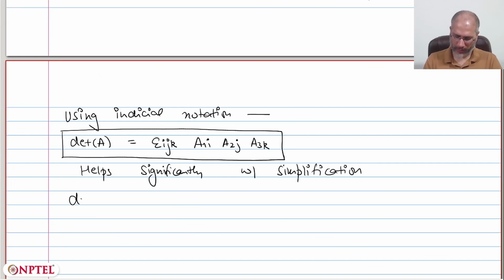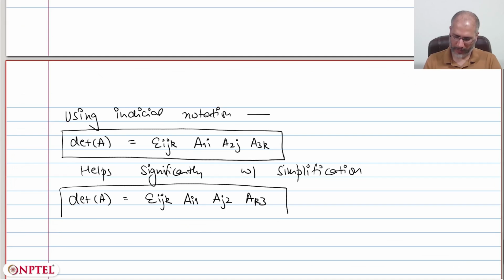So we can also write the determinant of A as epsilon ijk Ai1 Aj2 Ak3. So you can use any form you want to evaluate the determinant in the indicial notation.